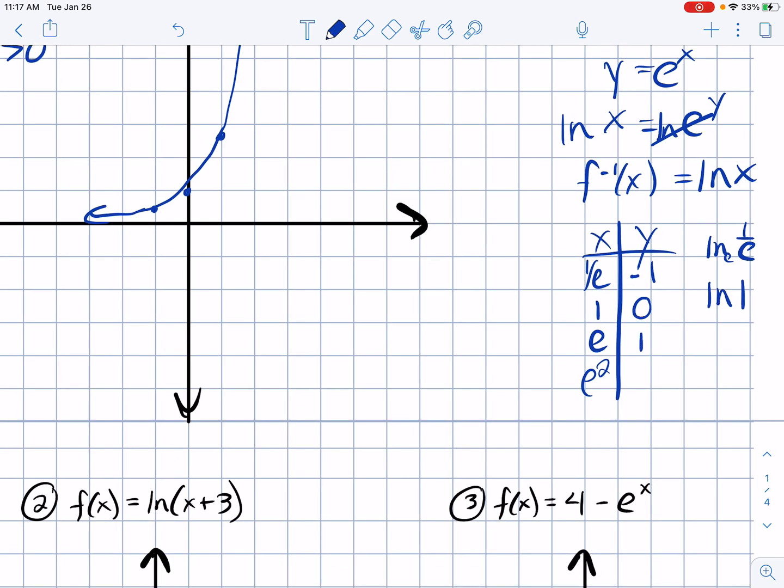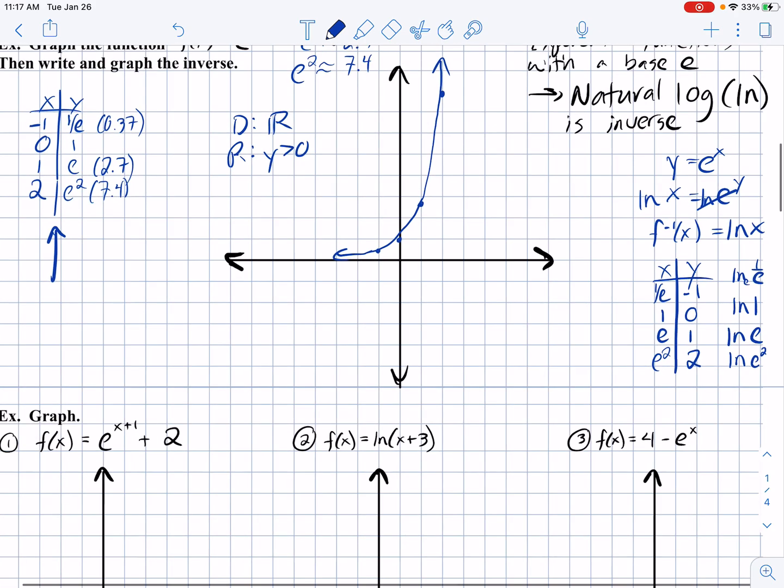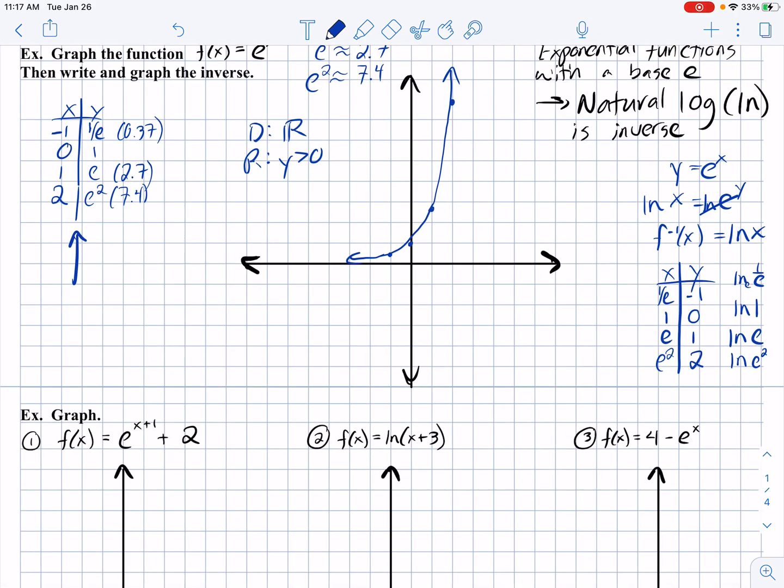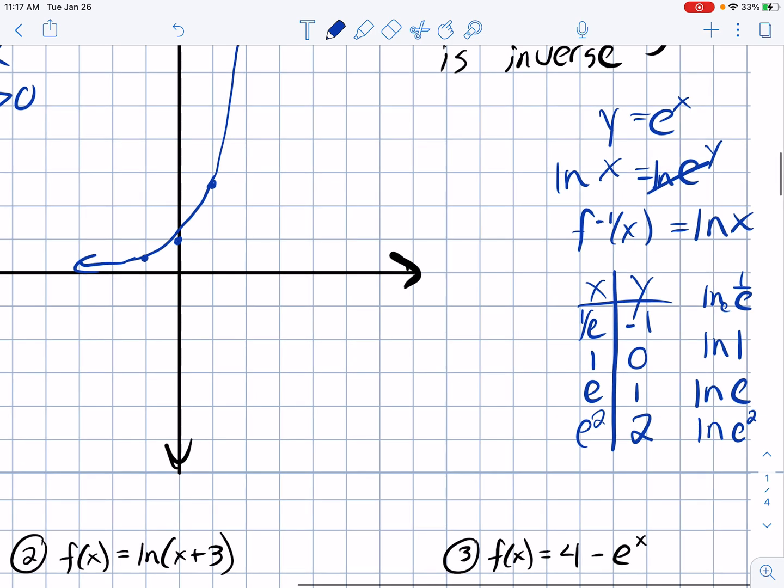This would just be 1, and then to get e squared, the natural log of e is just 1, and the natural log of e squared is just 2. Okay, so let's go graph those here. Remember, 1 over e is 0.37, so 0.37, negative 1, 1, 0, 2.71, and 1, 2, 3, 4, 5, 6, 7.42.